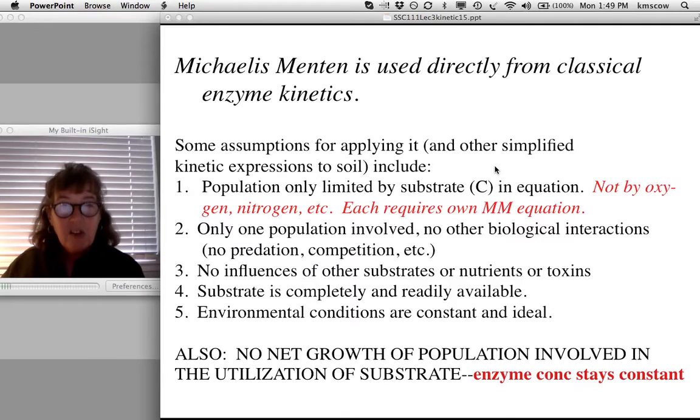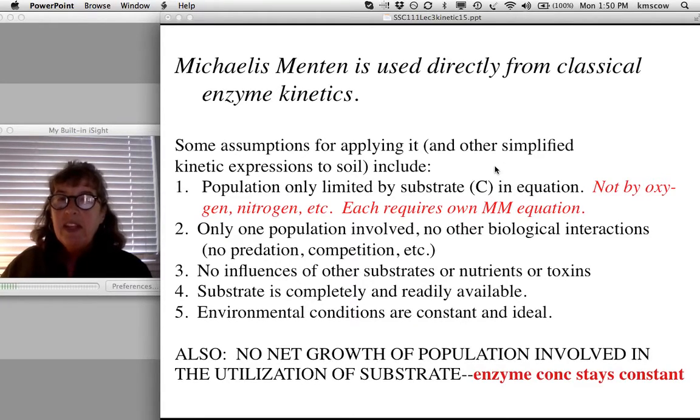Like low solubility, adsorption, complexation. So phenomena that keep that substrate from being in solution and easily taken up by organisms. This is a soil problem. Also, the environmental conditions are constant and ideal. They do not change at all over time.